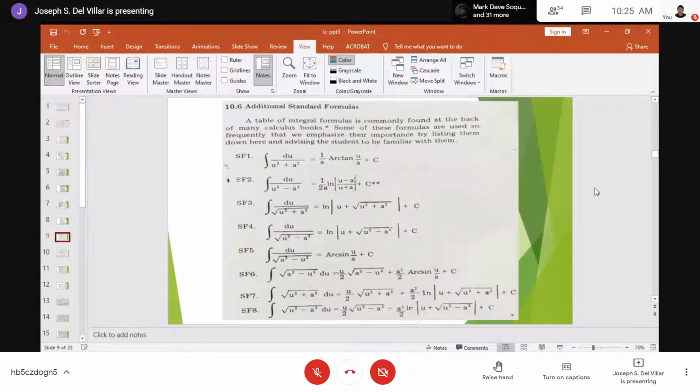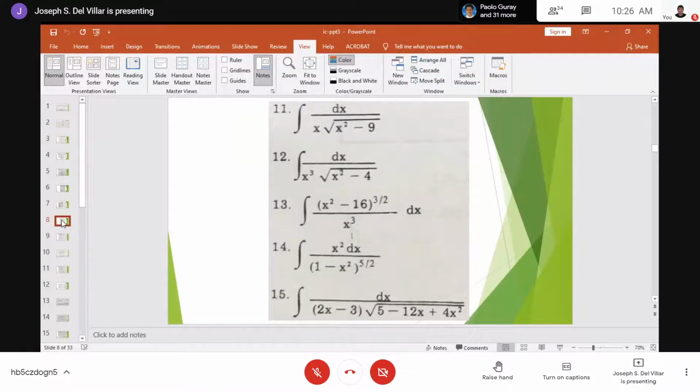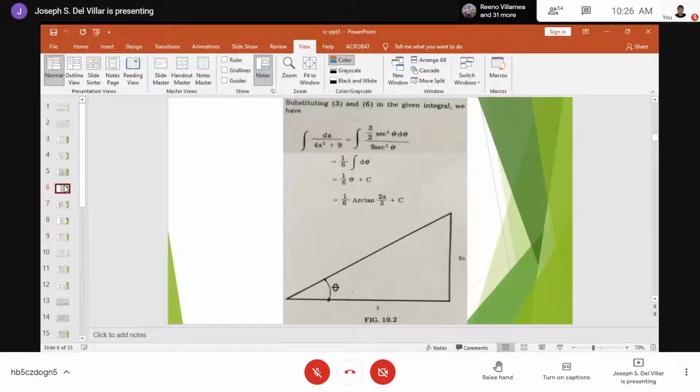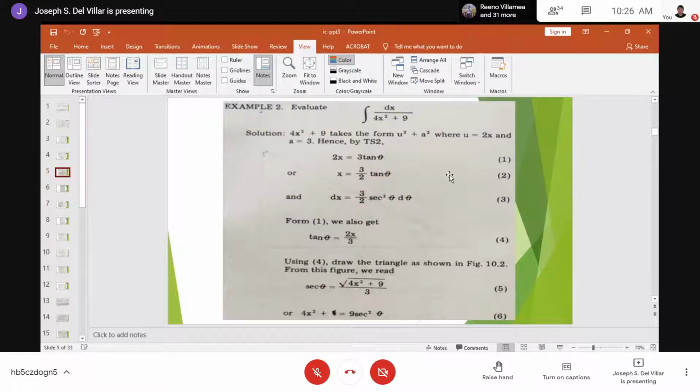So for example, itong integral of du over u squared plus a squared. Okay? So definitely, if you know the formula, you can immediately apply this. So that is 1 over the constant, so 1 over a, times arctangent of u over a plus c. Okay? So pwede nyo i-apply sa example.